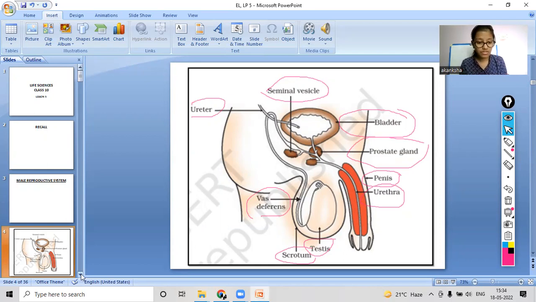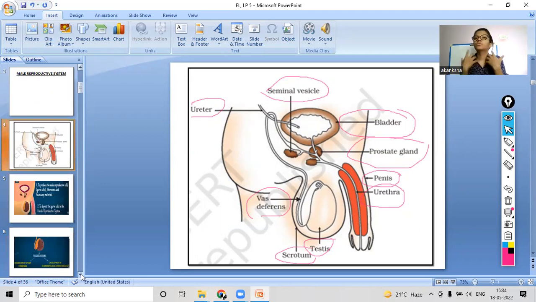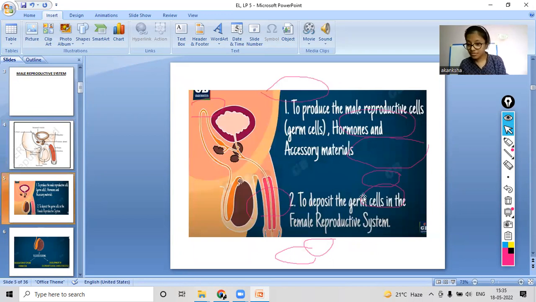Now coming on to our next slide, we will see more detailed functions of all these organs present in the male reproductive system, and what happens inside it. I think you are all excited now. On this slide you have to read it.